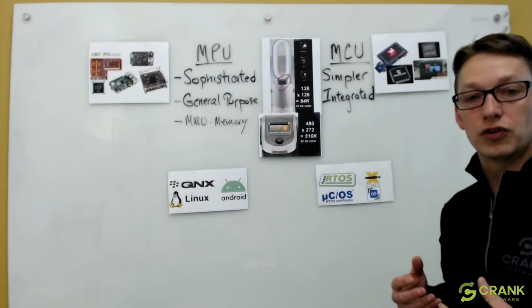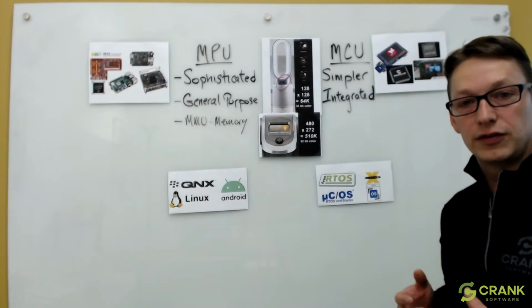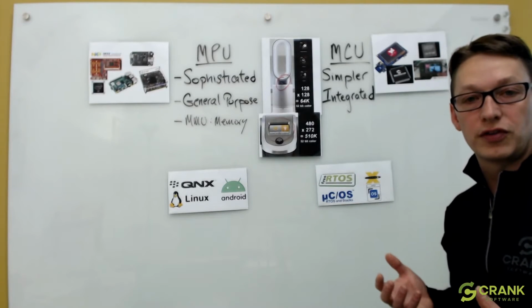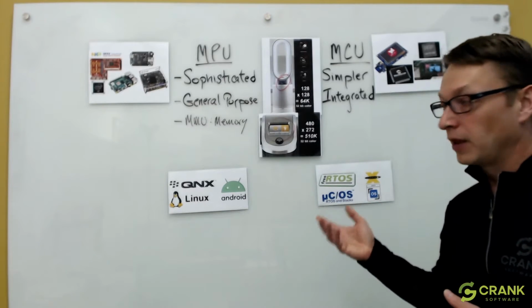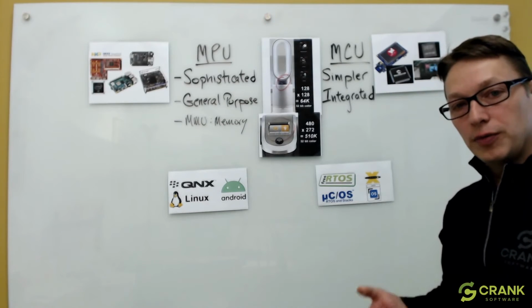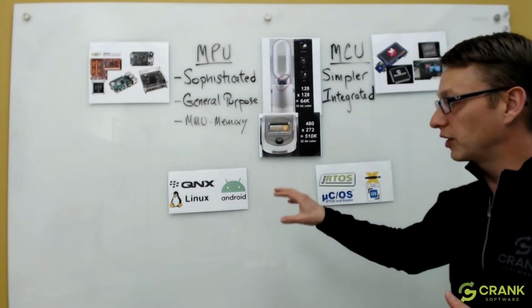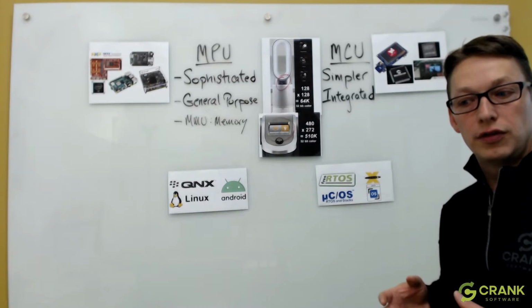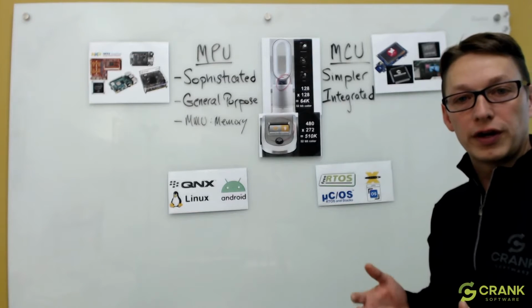Being able to support your product in a variety of different flexible considerations is why it tends to be tied to the general purpose configurations of an MPU. However, the other piece that's really interesting is the development style. When you're working with a QNX system or a Linux system, you tend to leave the system live and running all the time.